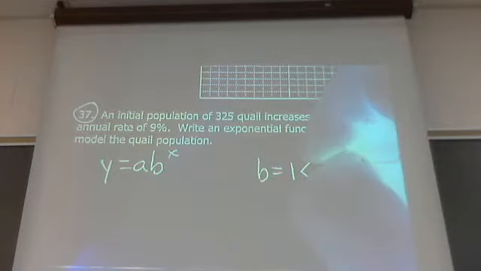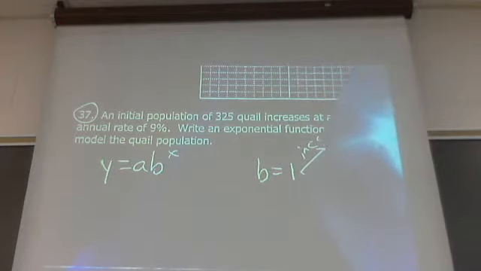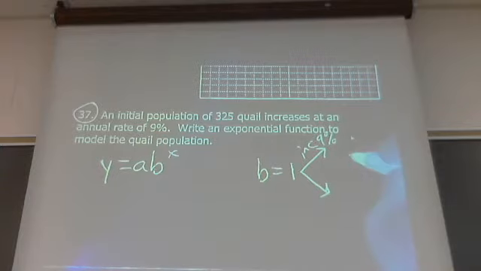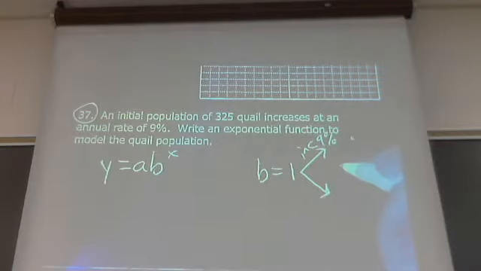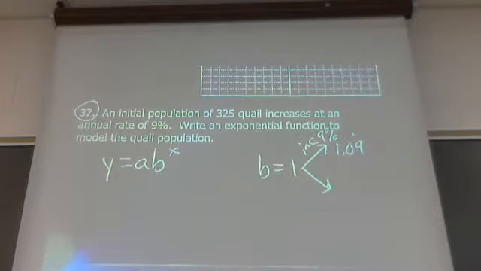So increasing by 9% means my growth factor should be what? 0.09. 0.9. 0.09 is going to be painful because the quail population will be losing 91% of the population every year. 1.09. It does have to be larger than 1, folks, if you want it to go up.